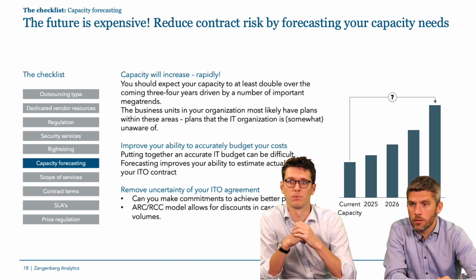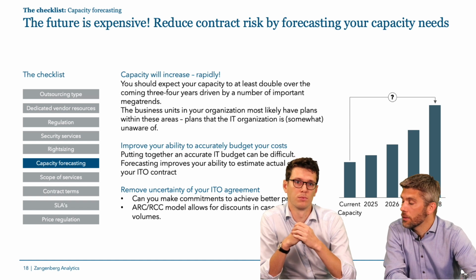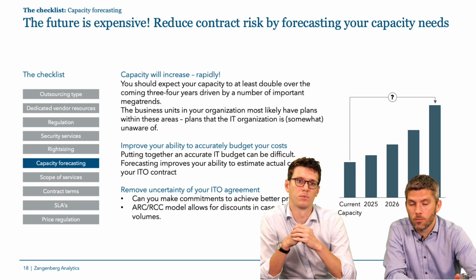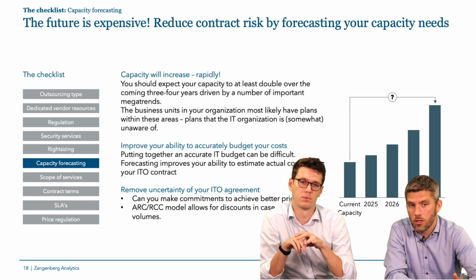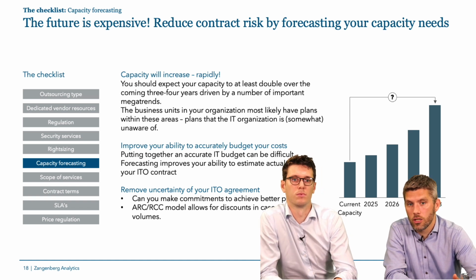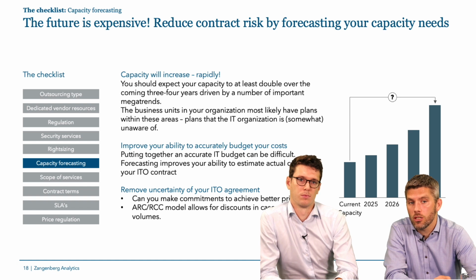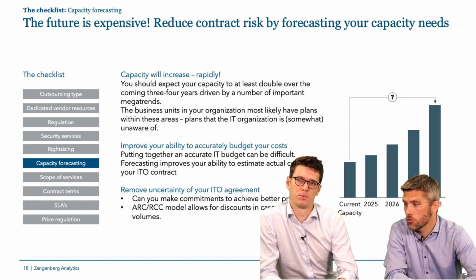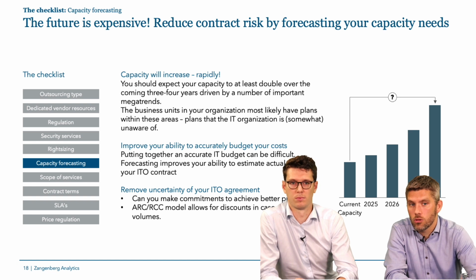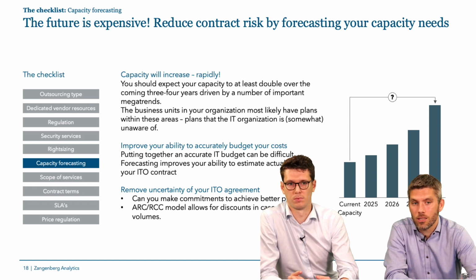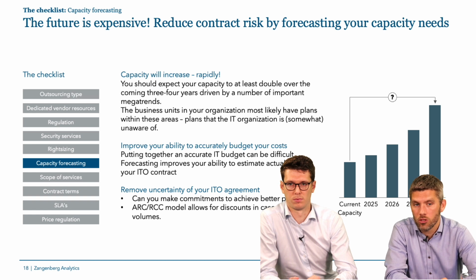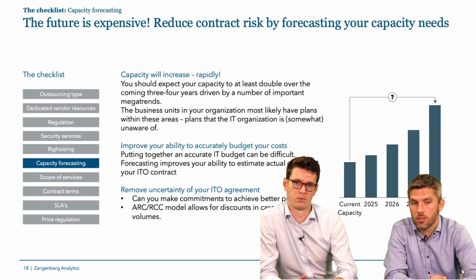Yeah, and including capacity flexibility, at least downward capacity flexibility, is a costly term, especially if you don't need it. So if you have certainty to a certain degree that you're not going to be using less capacity, well, don't include it in your ITO agreement, because that will put a risk on the vendor side.